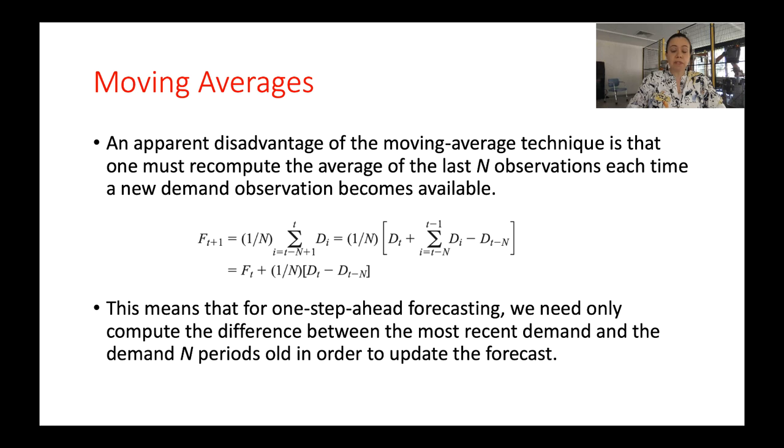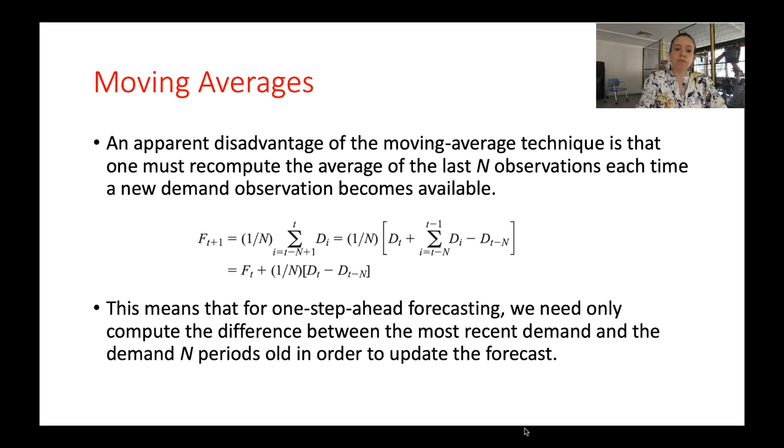One of the disadvantages of the method moving averages is that when we have a new observation, we have to recompute the average of the last n observations each time. In fact, what we have to do is take the new observation and disregard the n periods old observation.